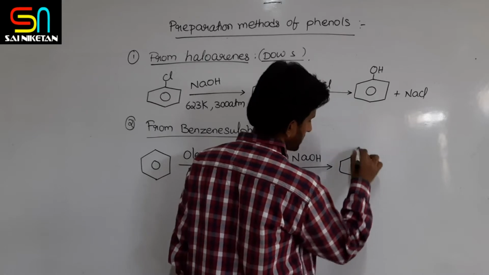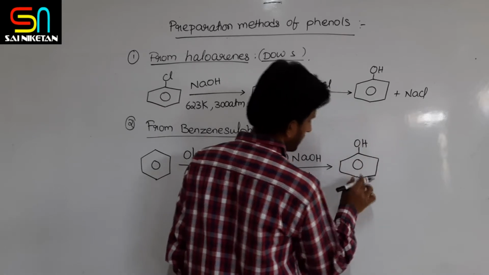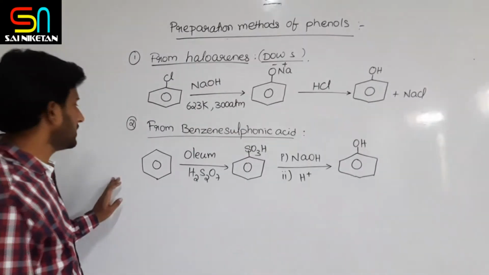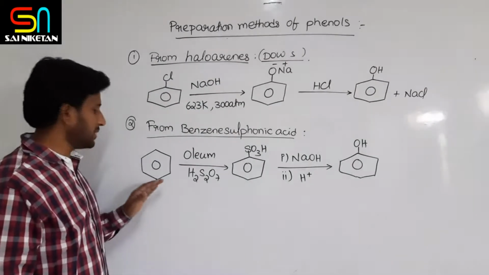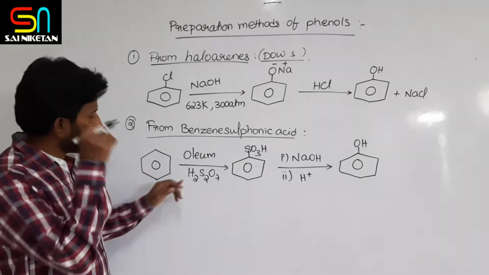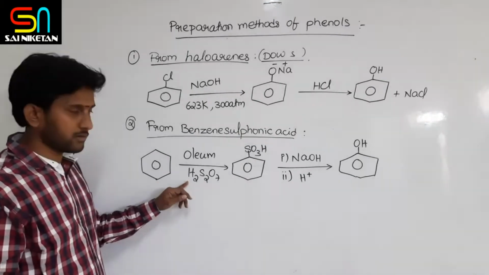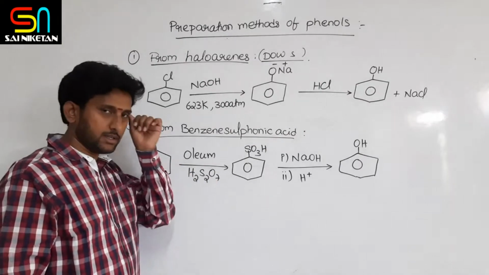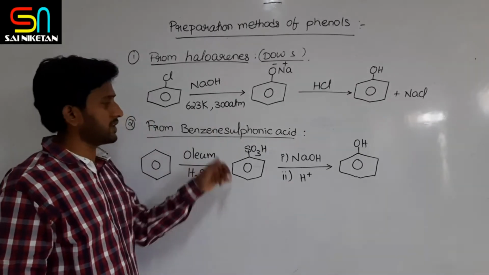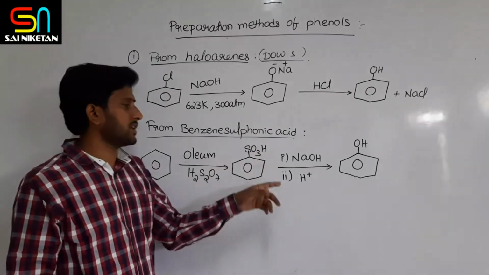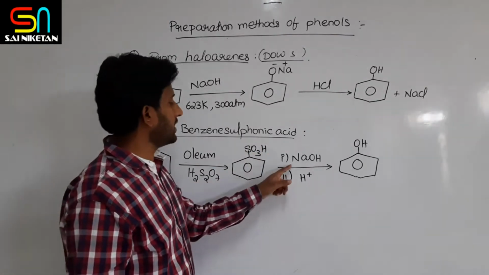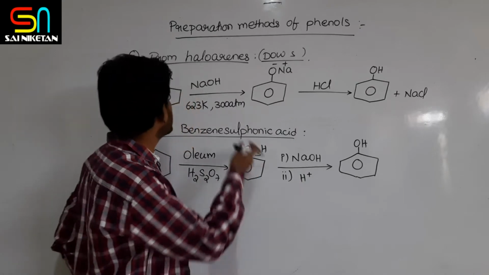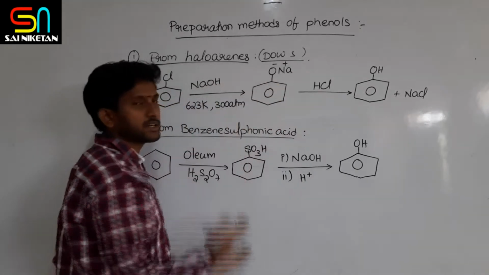Okay, this is one method of preparation. What is happening? First we take benzene and do sulfonation with oleum or fuming sulfuric acid. You will get benzene sulfonic acid. From benzene sulfonic acid, how do you get phenol? Simply by treating with base followed by acid hydrolysis, same as this one, base then acid hydrolysis.